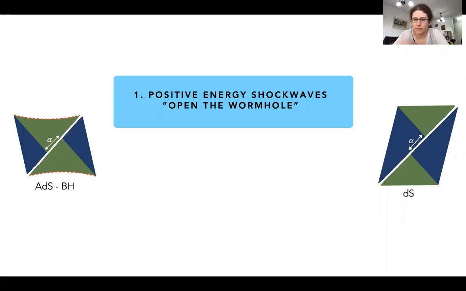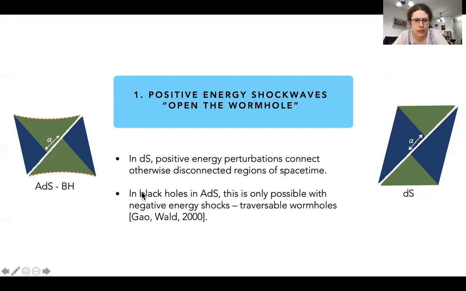When I send something into the cosmological horizon, the cosmological horizon recedes and shows up a new portion of space. And that can be very easily explained from an entropy perspective. If I throw things away, I lose information, and when I lose information, the entropy increases, so the area of the horizon increases.